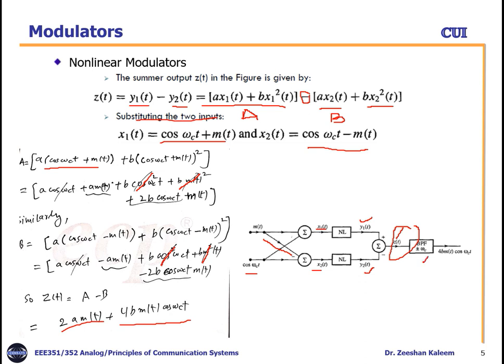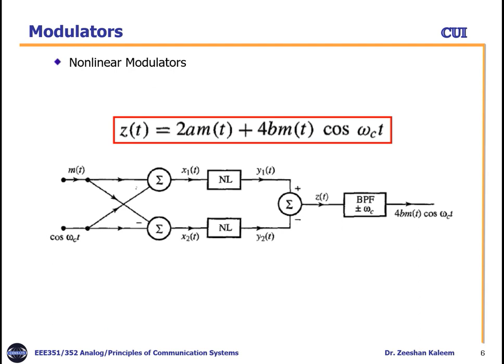After passing through the band pass filter, the other term is removed, so we are left with only 4b m of t cos omega c t, which is our desired output. You can clearly notice that we have 2a m of t plus 4b m of t cos omega c t, and after passing through the filter, we have 4b m of t cos omega c t.